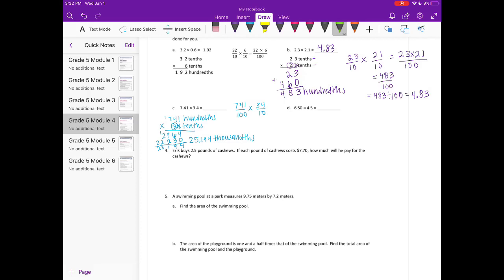So then up here, what we get is 741 times 34 over 100 times 10 is equal to 25,194 thousandths. And if we were to divide that out, we get 25 and 194 thousandths.